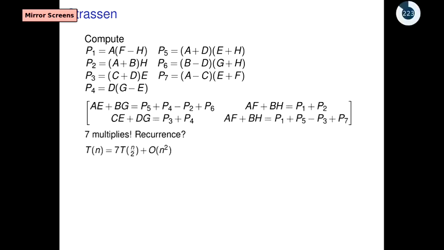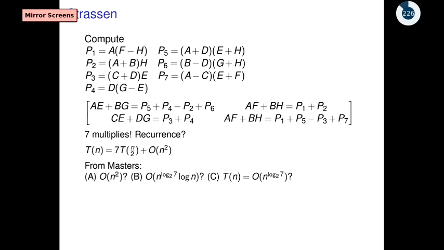Now you get this recurrence, and what will the master theorem tell you? This is log base 2 of 7, so it'll be this case. Fewer subproblems, and this is way better.